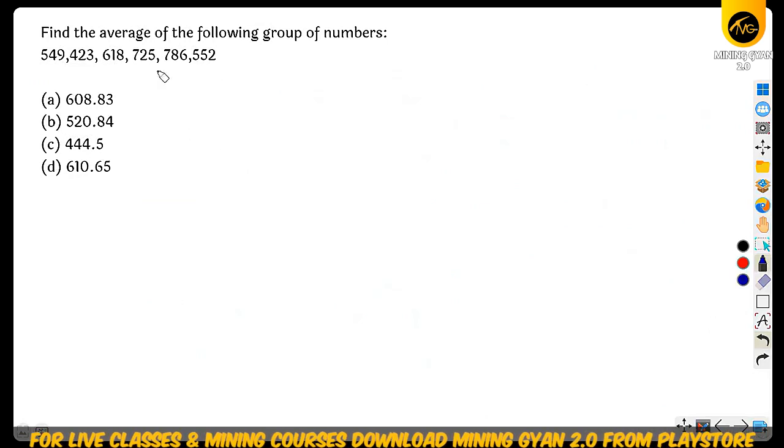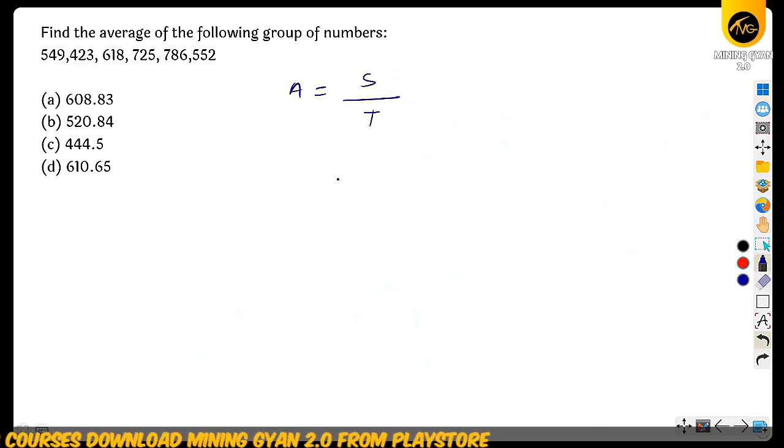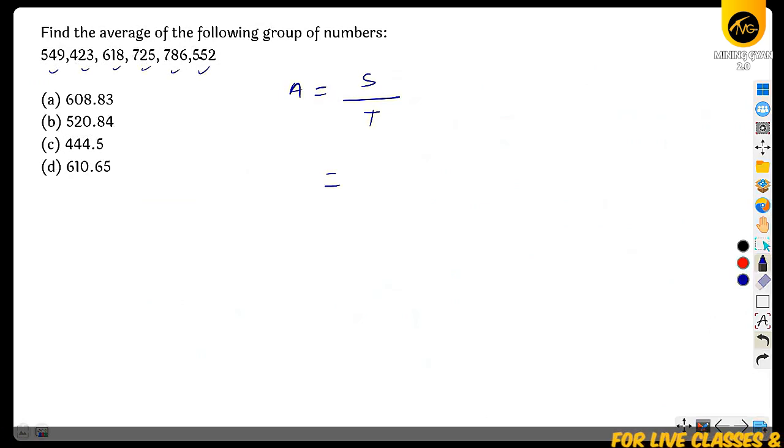So just put these numbers into the formula, that is A is equal to S divided by T. Sum these numbers and divide by how many elements there are: first, second, 3, 4, 5 and 6. 6 is the total number of elements. Sum these numbers and divide by 6, then you will get the answer.